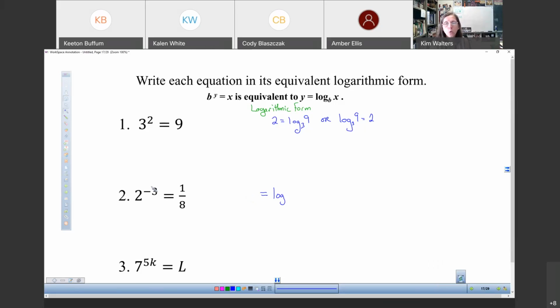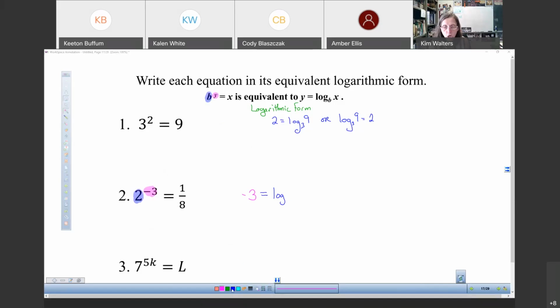All right, so 3 here, let me see if I can color code these for you. So 3 matches with the y, and that's going to be my number here. So -3 is equal to log base. Here's my base, and it's going to be right there.